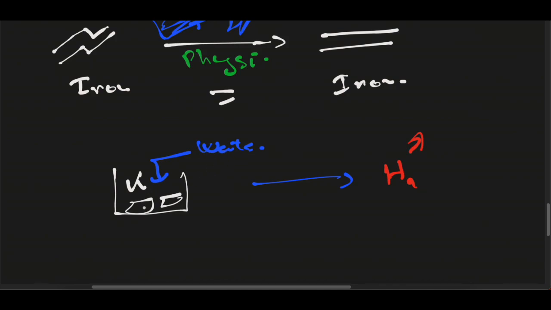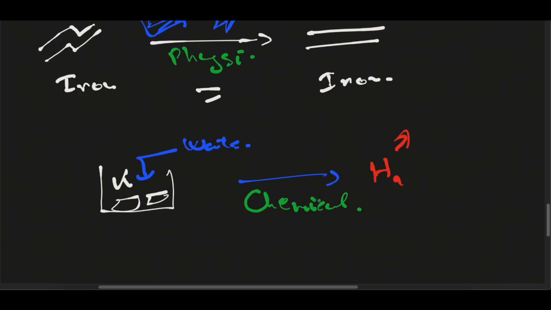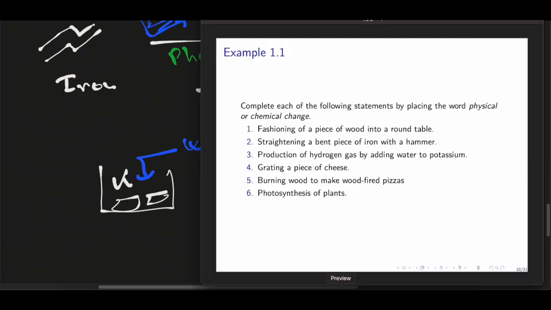So by mixing these two substances, we get hydrogen gas, which means that we have a chemical change, because we don't have the beginning materials at the end. So we have different materials, the chemical composition did change, so we have a chemical change.